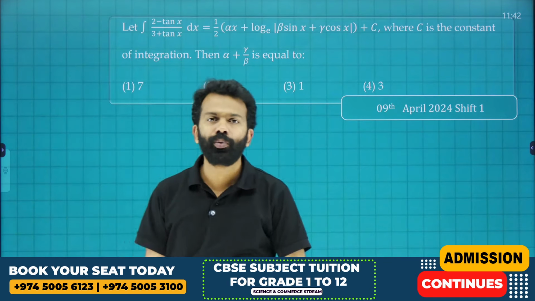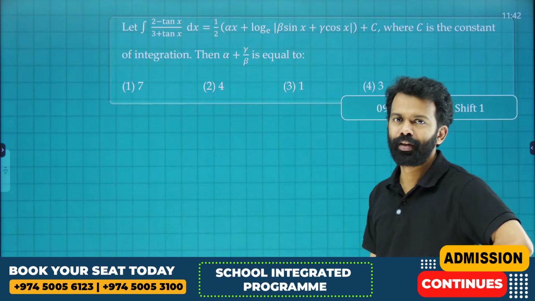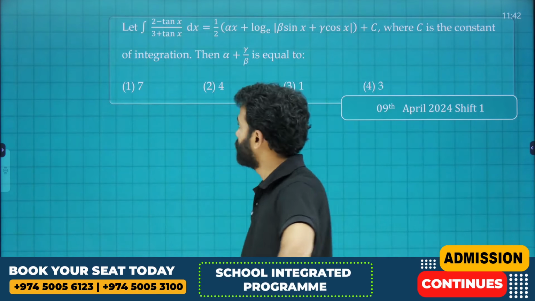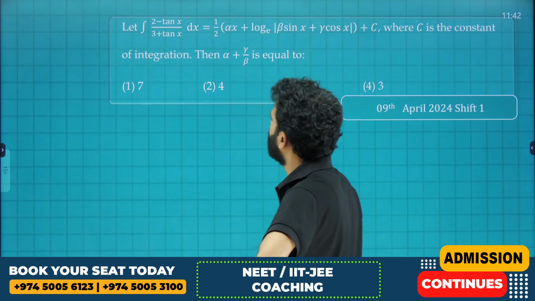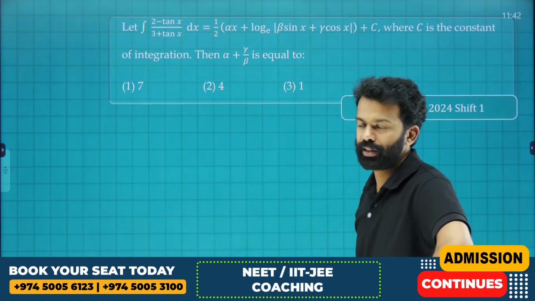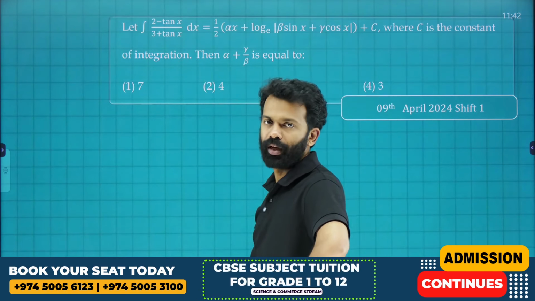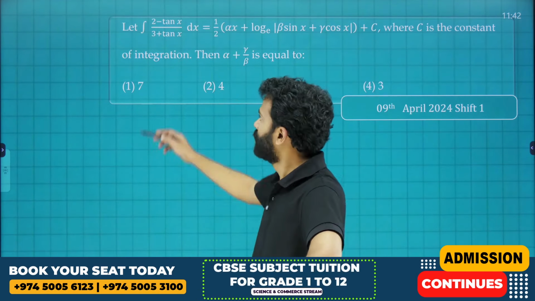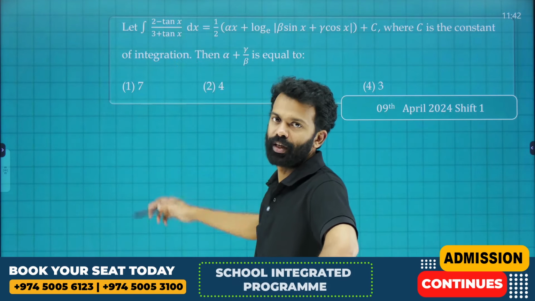That is the integral of (2 minus tan x) divided by (3 plus tan x). How are you going to do this one? See, there is a general method of doing this one: first you rewrite tan x as sin x by cos x, and here also do the same, and after that just cross multiply. What will you get after that? That is (2 minus sin x by cos x) divided by (3 plus sin x by cos x).